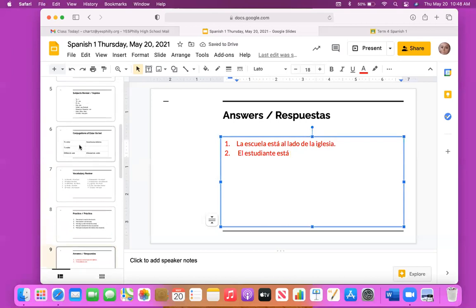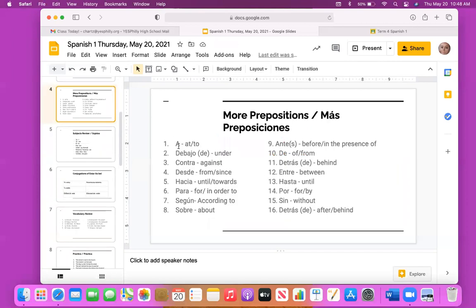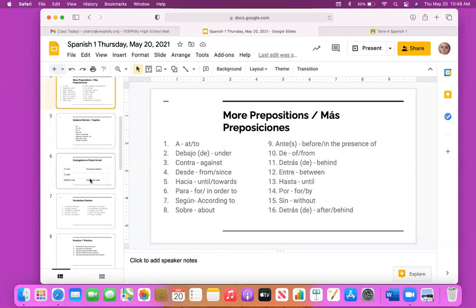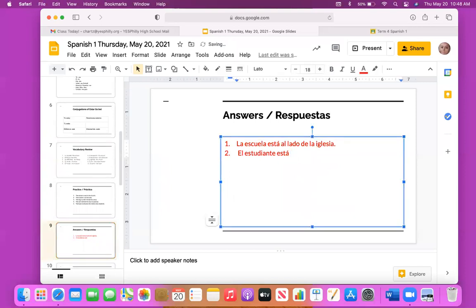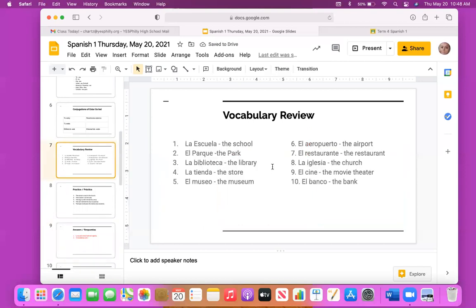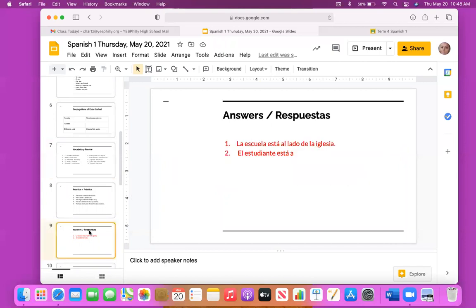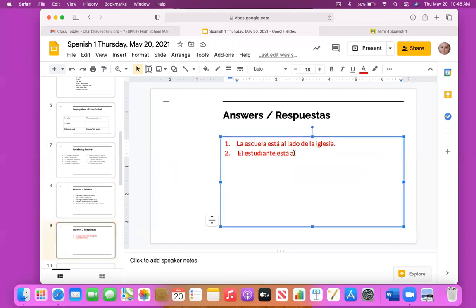Let's go look. Ah, it's just an a. And then bank. Let's go see how we say that. El banco.